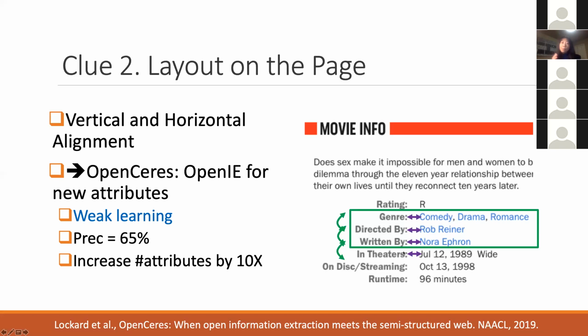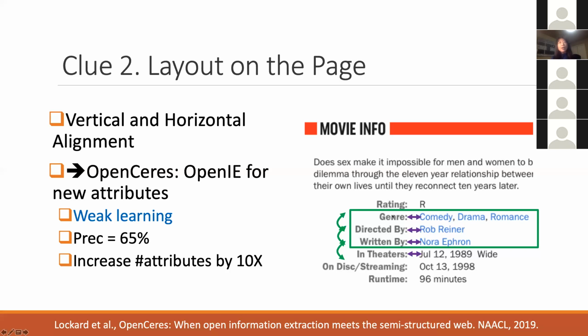So by exploring this intuition, we developed OpenCeres, which allows us to apply open information extraction such that we extract those attribute words as the attribute, and so we can extract knowledge for those new attributes. We applied weak learning.